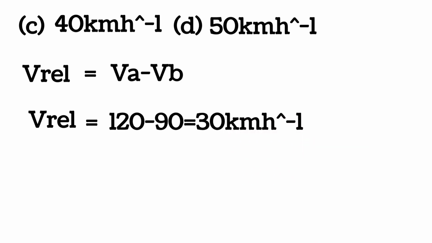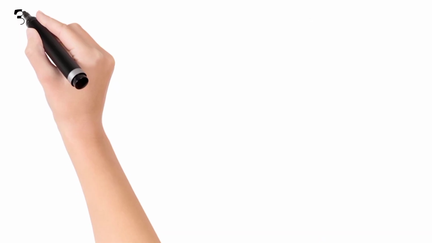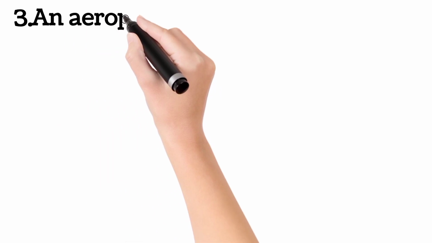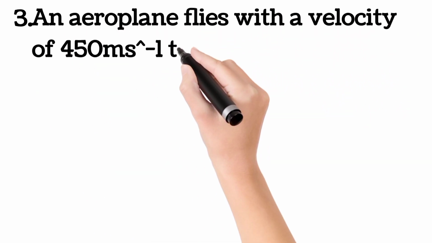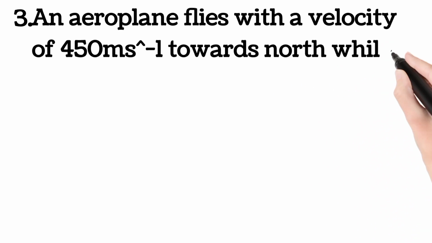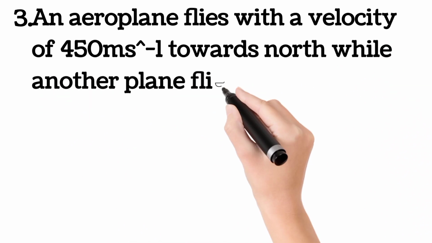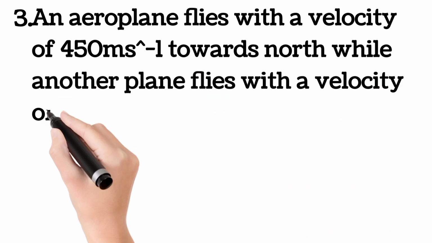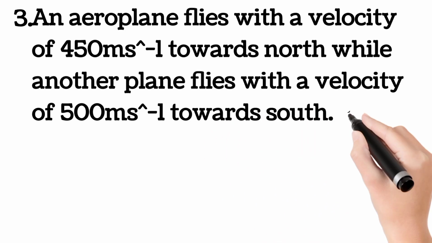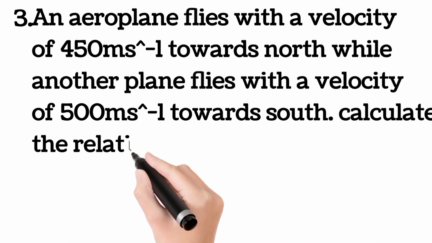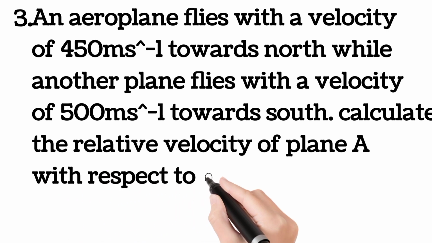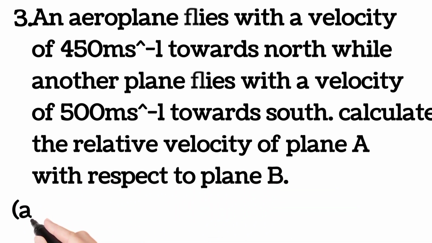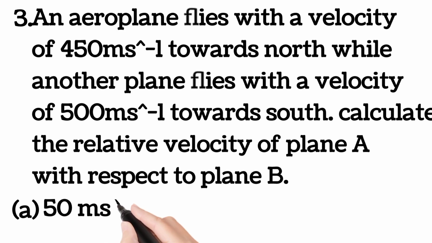The third MCQ is: an aeroplane flies with an average velocity of 450 meters per second towards the north, while another plane flies with a velocity of 500 meters per second towards the south. Calculate the relative velocity of plane A with respect to plane B. The A option is 50 meters per second.